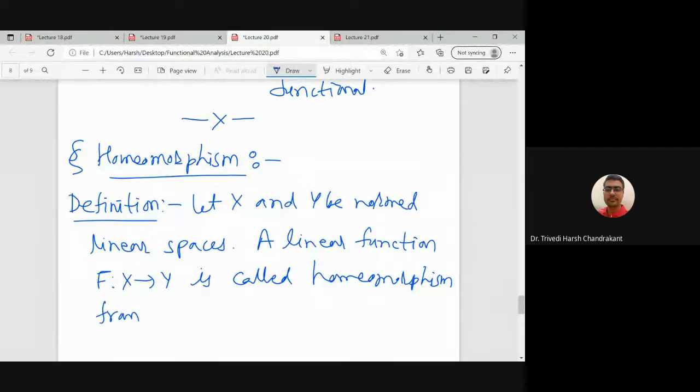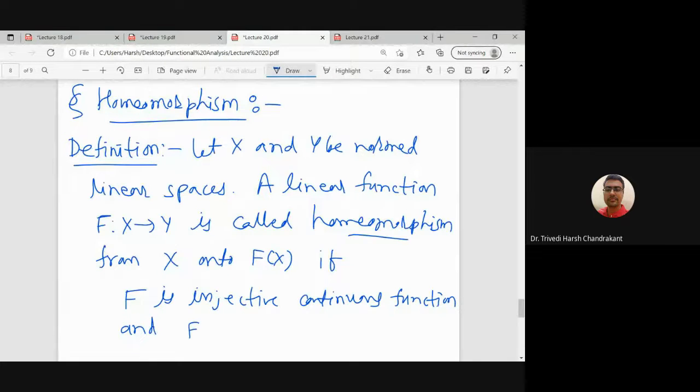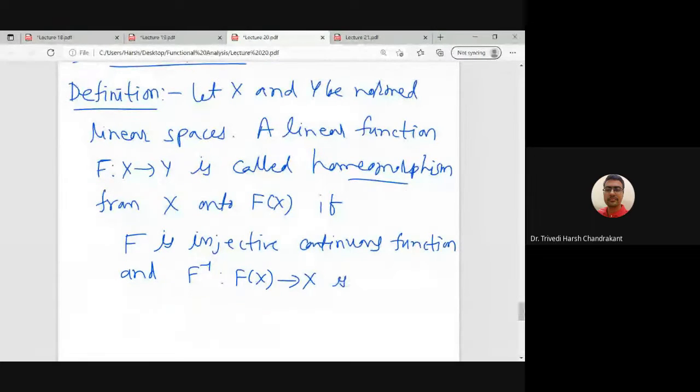from X onto its range if f is injective, a continuous function, and f inverse, that is a map from the range of f to X, is also continuous.